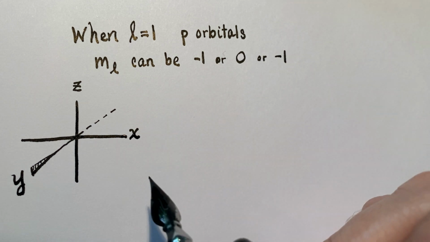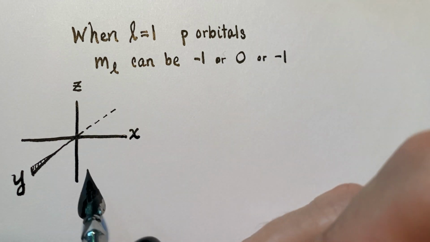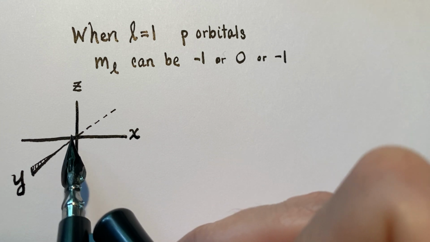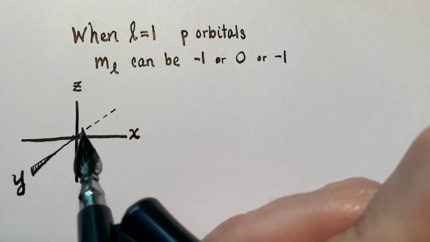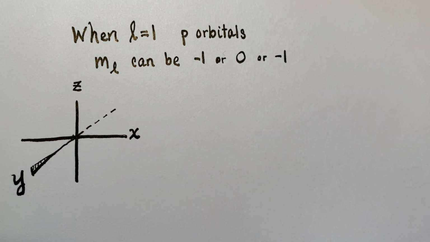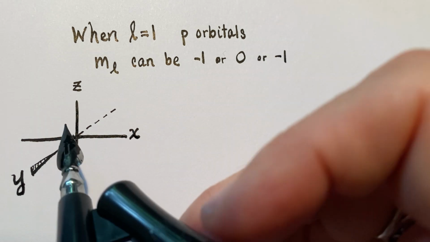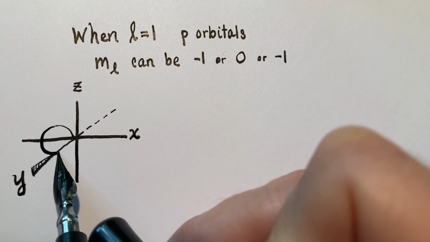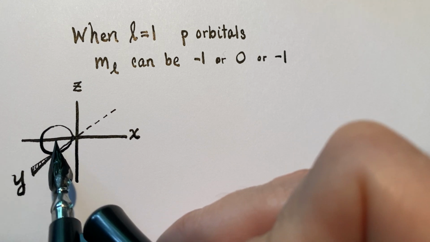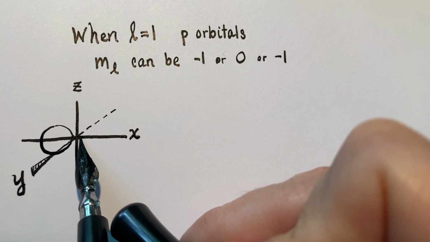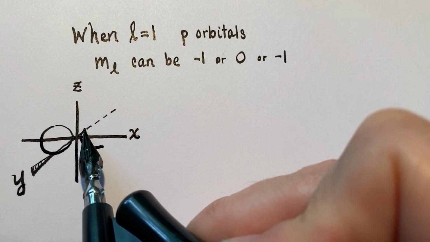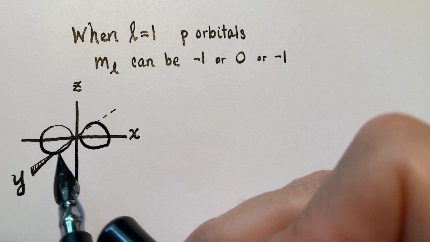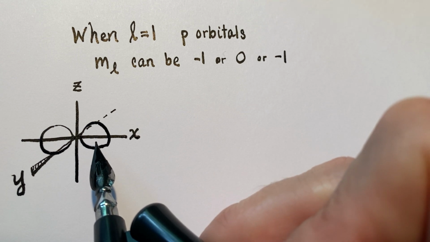Okay, so here we have this coordinate axis system, and let's draw one of the possible orientations for the p orbitals. So we've got this dumbbell shape, and notice I'm drawing it along the x-axis here. We have lobes on either side along the x-axis. I didn't draw that perfectly. That's okay.